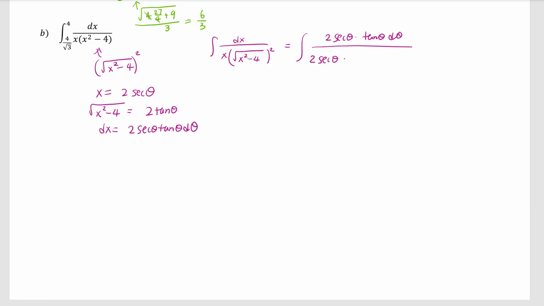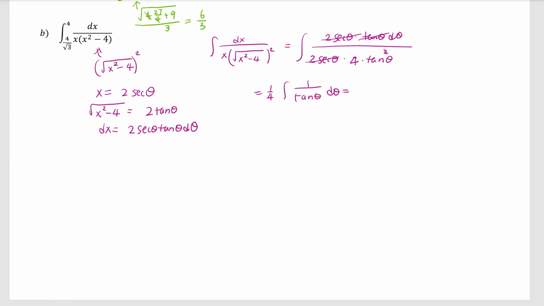Okay, next term is 2 this guy squared. So 2 squared is 4, and we have tangent theta squared. So far so good, everybody? Ooh, 2 secant cancel, tangent cancel. So we have 1 over 4 integral of 1 over tangent theta.